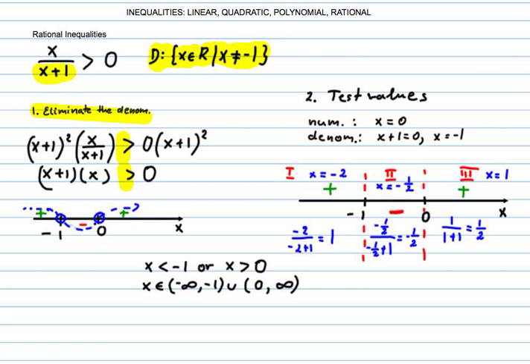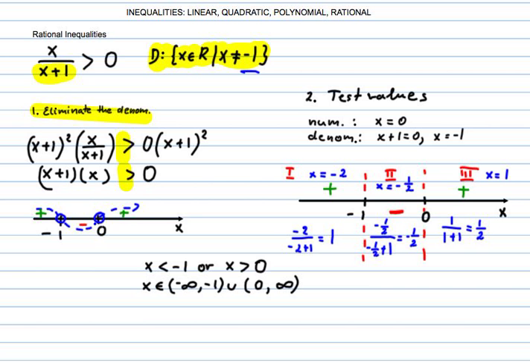Then you go below the x-axis and then go back up and continue staying above. Which means, in order for you to be greater than 0, you do not include those 0 values. So 0 itself is not included, and -1 is not included because -1 is not part of the domain. So it can never be part of a solution.